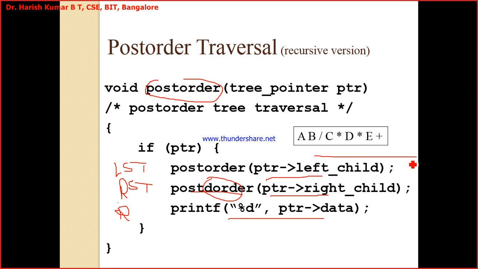Understood? Yes, sir. So if you have an arithmetic expression represented in the form of a binary search tree, and I want to obtain the infix form of that expression, then I traverse the tree using what?